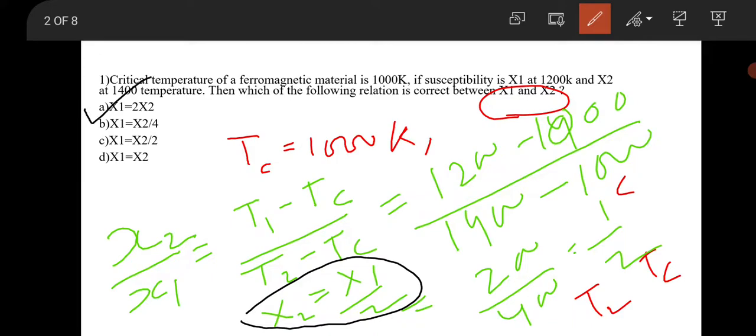The new susceptibility will be half of the first susceptibility. It also satisfies the physical condition that susceptibility is inversely proportional to temperature. The temperature is rising, so the susceptibility will go lower, so it will be half. I think this is an important question, you should practice it.